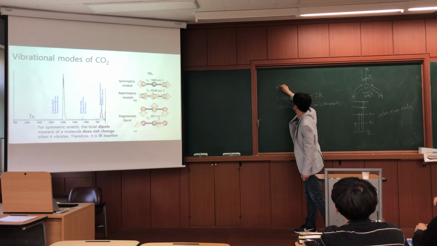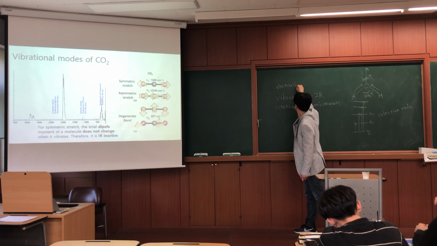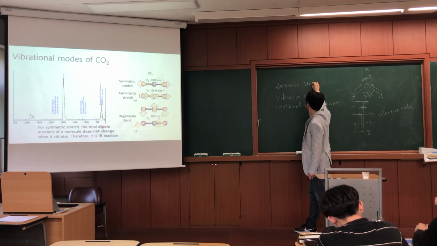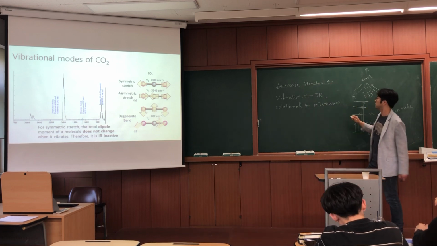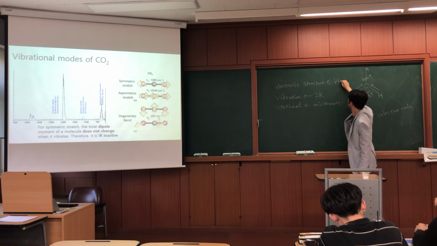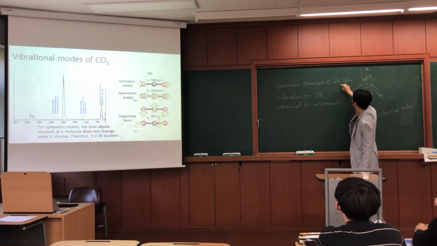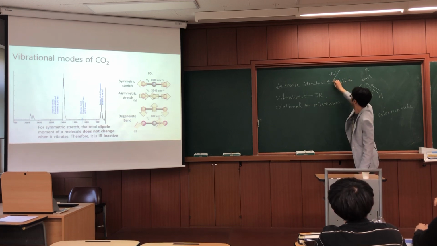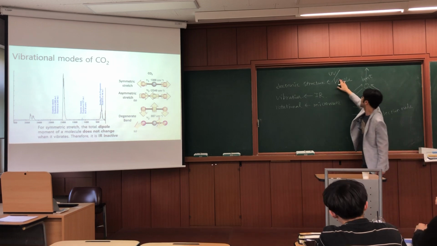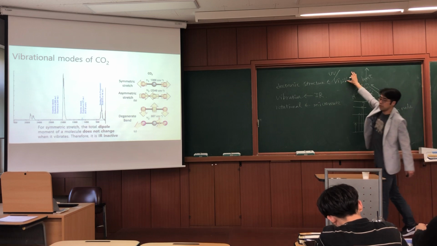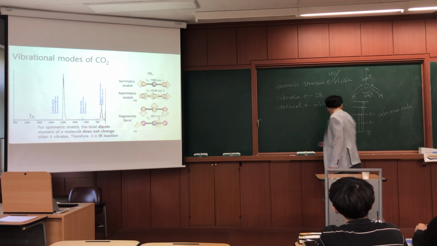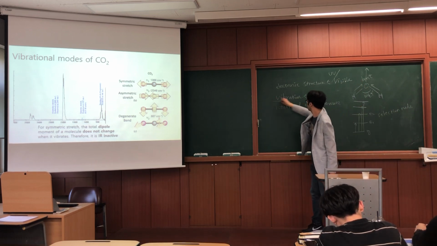And what is it? An electronic structure. Electrons observe visible or UV lights. We'll talk about this later, but now we mostly focus on this one.